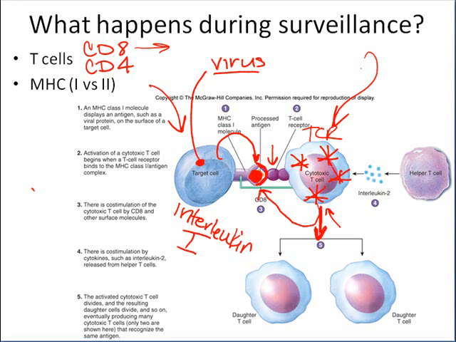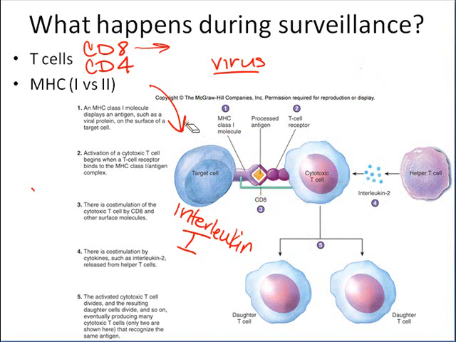Before I do that, though, there's one other thing I can mention here, and I have to erase a couple of things so you can see it again. Remember I told you that cytotoxic T cells are called CD8 cells? It was because of that CD8 protein on the surface of the cytotoxic T cell. Here is that CD8 protein.